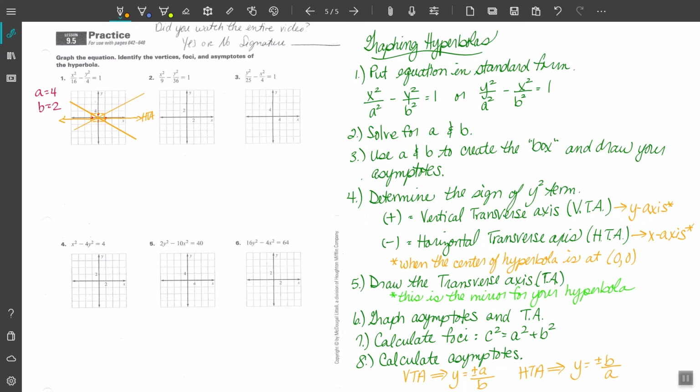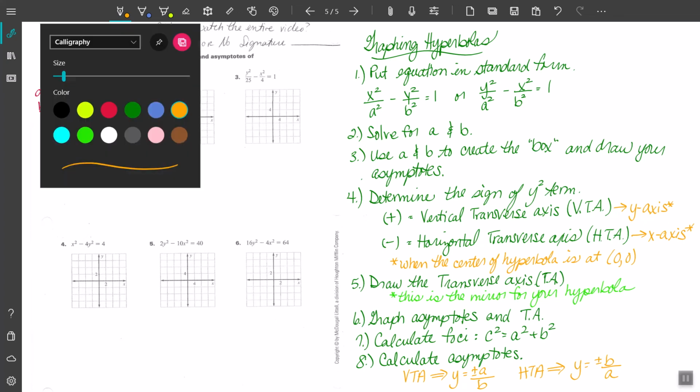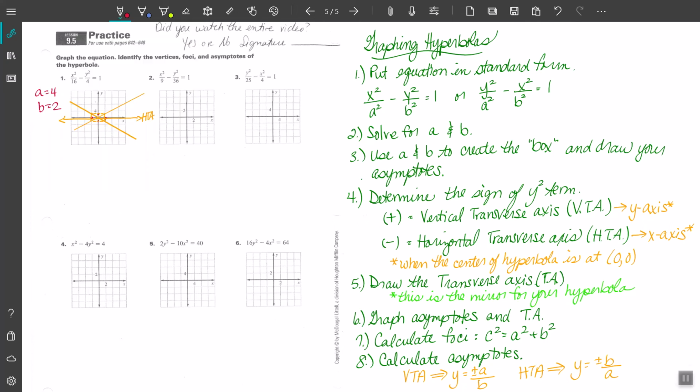So that's the mirror, that's where the vertices of this hyperbola are going to sit. I've graphed my asymptotes and my transverse axis, so now I'm going to actually put in the actual graph.